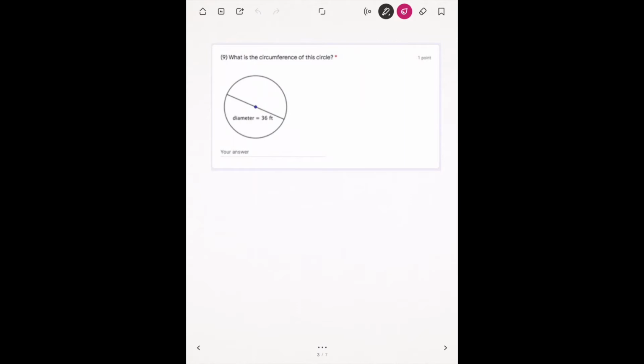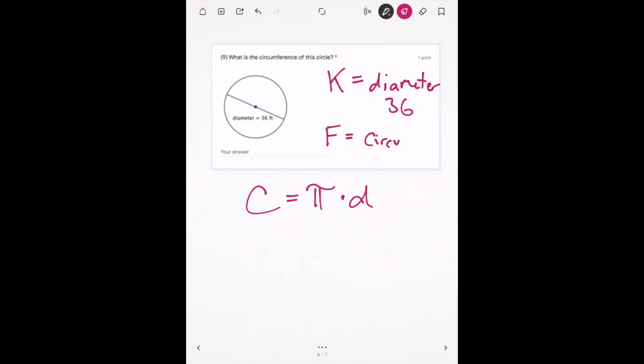What is the circumference of the circle? So the distance all the way around. Well, we have the formula that we've already talked about. Circumference equals pi times the diameter. So what do we know in this diagram? We know the diameter, which is 36. And we're trying to find out, what are we trying to find? We're trying to find the circumference.